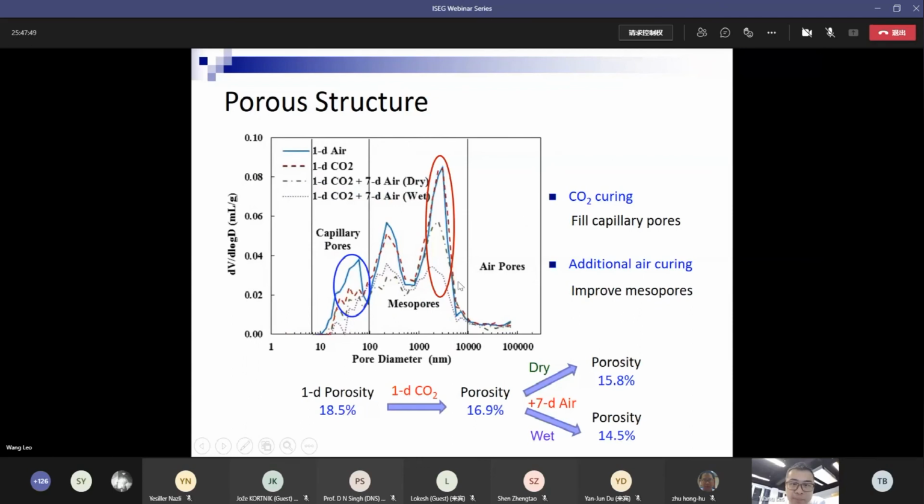From the MIP result, we can find that after CO2 curing, the porosity of the product is reduced, especially after additional air curing in the wet conditions. The CO2 curing can fill the capillary pores, and additional air curing can further improve the mesopores.